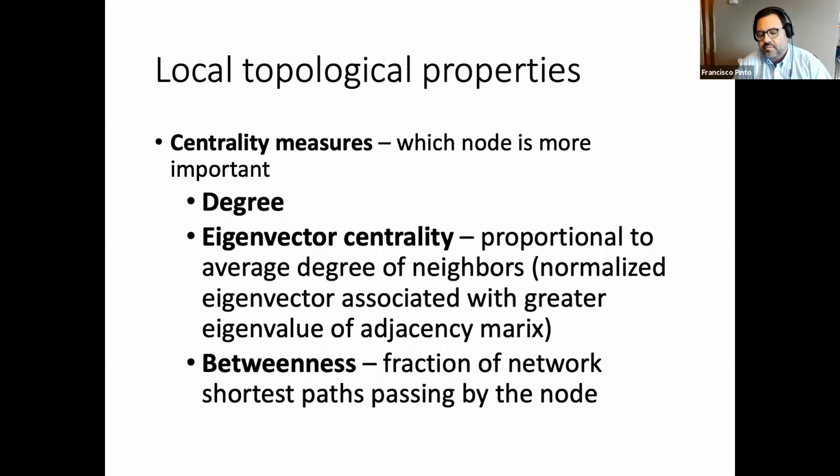Yeah, you're right. For example, if that node with a degree of 20 has a lot of nodes with just one degree, so it's a star with that node in the middle, then the fact that all its neighbors have a very low degree will push down the eigenvector centrality.